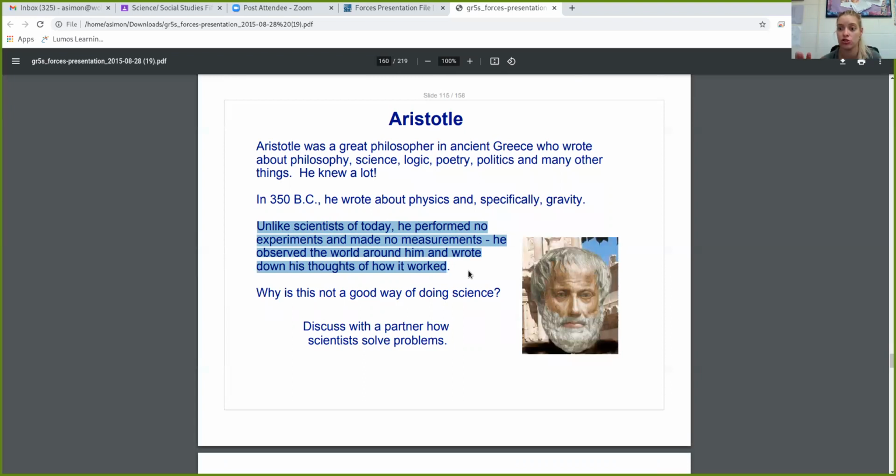He just watched and wrote down what he saw. So why, guys, would this not be a good way of doing science? Think about that. If you're performing no experiments at all and making no measurements and just watching, why would this not be a good way of doing science?